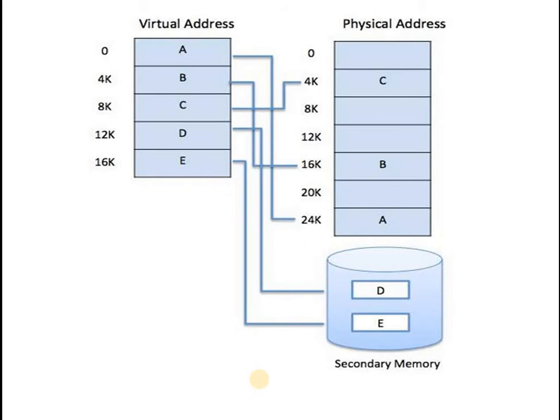It uses a number of algorithms, the page replacement algorithms, like first in first out, least recently used, and not recently used. These algorithms decide which page should be replaced to bring the new page into memory.